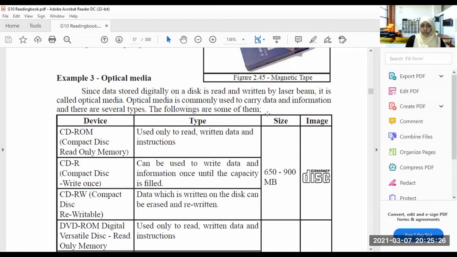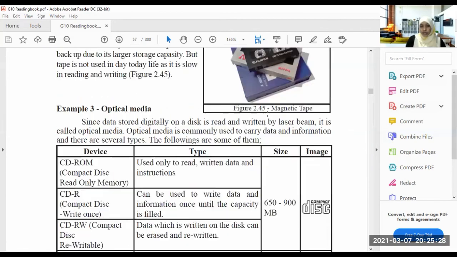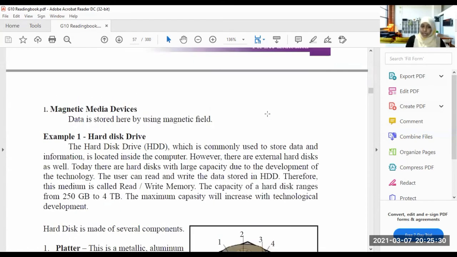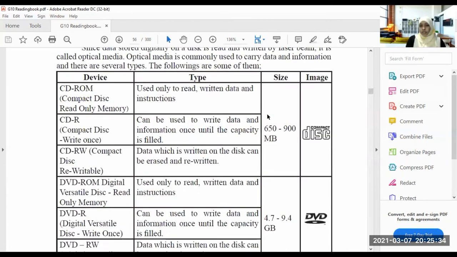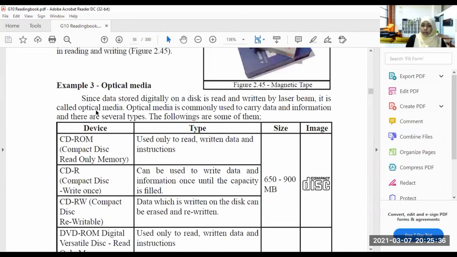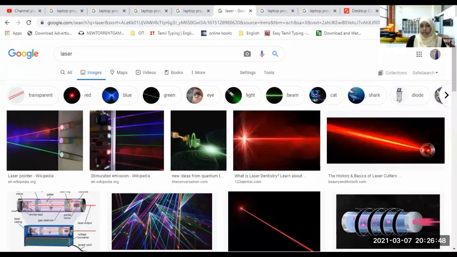Next one is optical media. So these are magnetic media devices, and the second one is optical media devices. Here the data and information are written on CD, DVD and Blu-ray by laser beams. Do you know laser beams, guys? Have you heard about laser beams?